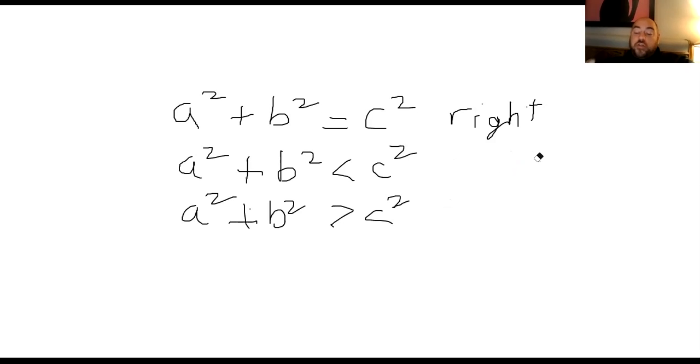So if you've got a really long hypotenuse compared to short legs, it's going to be obtuse.